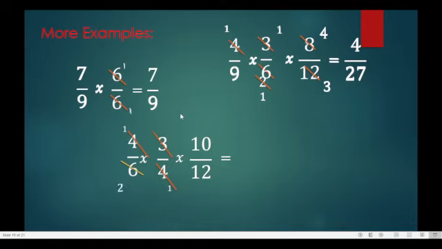So 6 will become 2 and 3 will become 1. And then we have the 10 and 12. And 10 will become 5 and 12 will become 6. So let's multiply the numbers on top. So 1 times 1 times 5 equals 5. And 2 times 1 times 6 is 12. So the answer is 5 over 12.